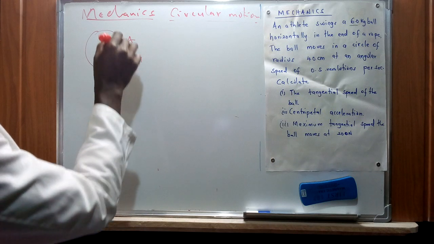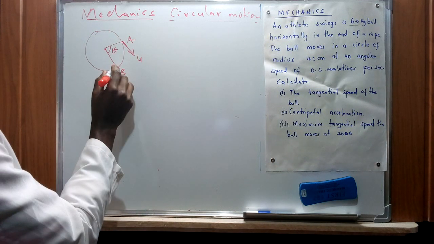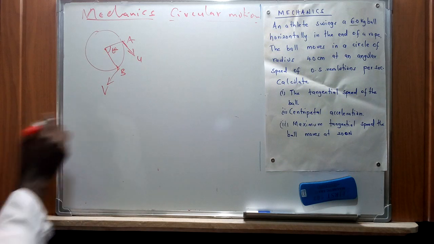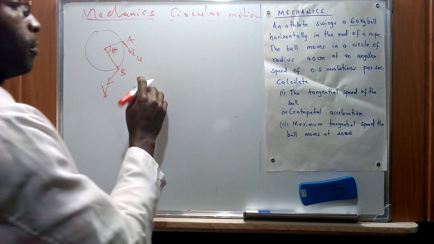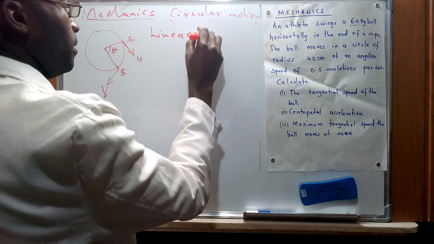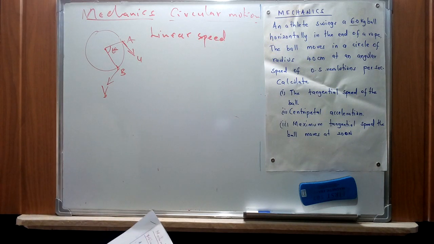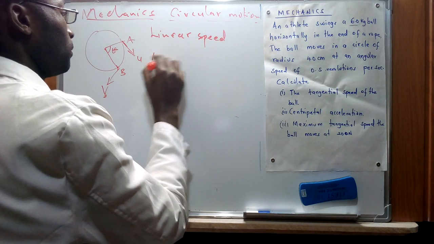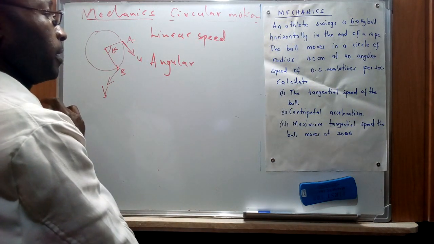This point is described using the tangent at that point, and then the speed at point B, which is v, is described using that tangent v. So we have two kinds of velocity for an object that is moving in a circular path. The first one is linear speed, and the second one is angular speed that results from angular displacement.